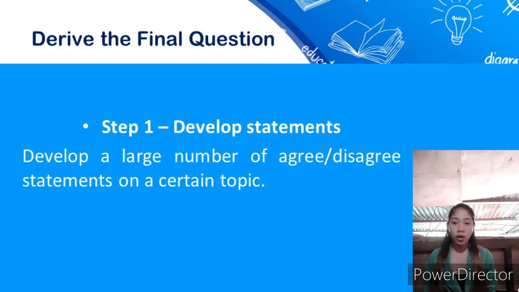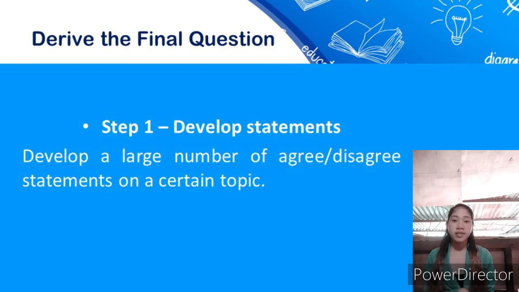The first one is to develop statements. Here you have to develop a large number of agree or disagree statements on a certain topic. For example, if you wanted to find out people's attitudes towards the policy of diversity hiring in an organization, your statements may include the following.